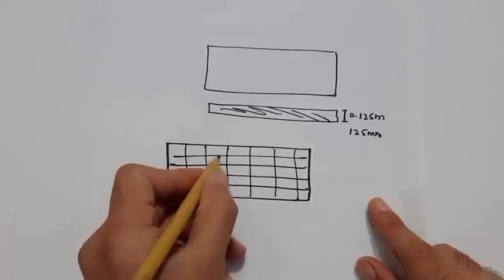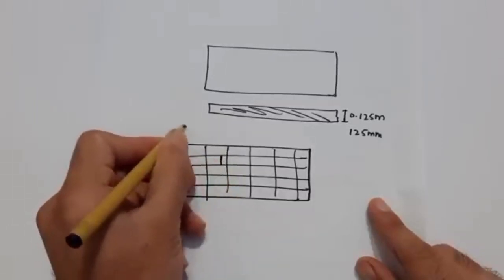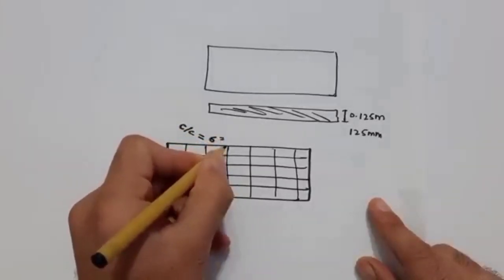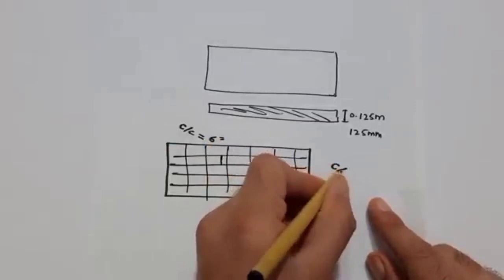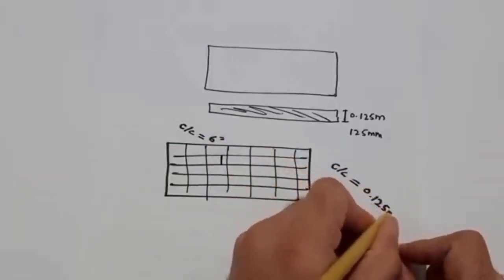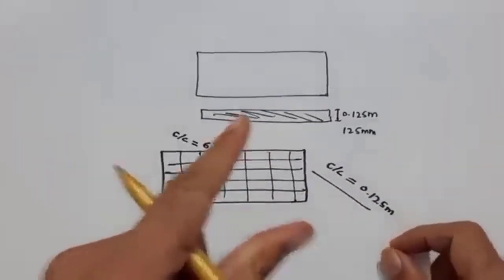So the space between two steel rods we can say C/C, for example, 6 inches, or C/C is equal to 0.125 meter, etc. So it means spacing between two steel rods.